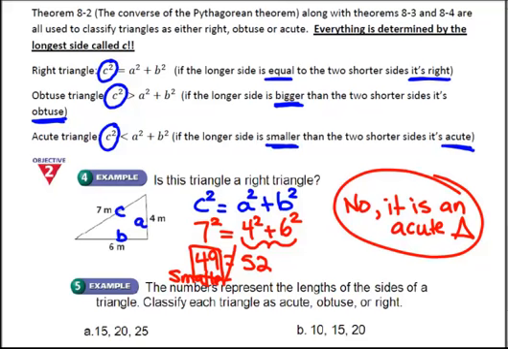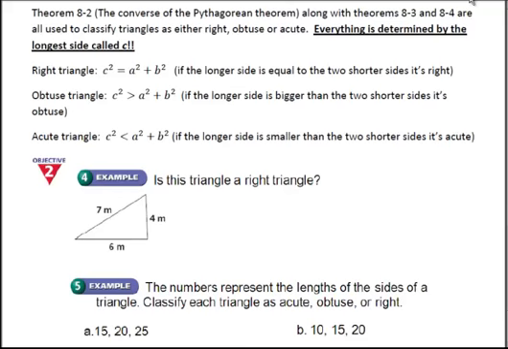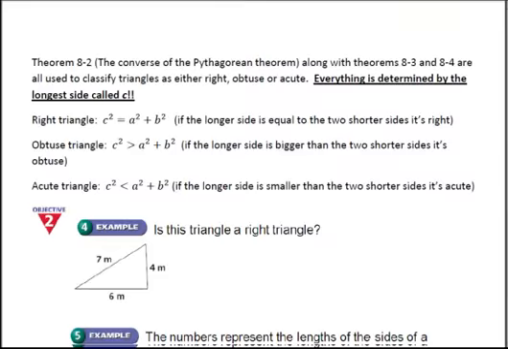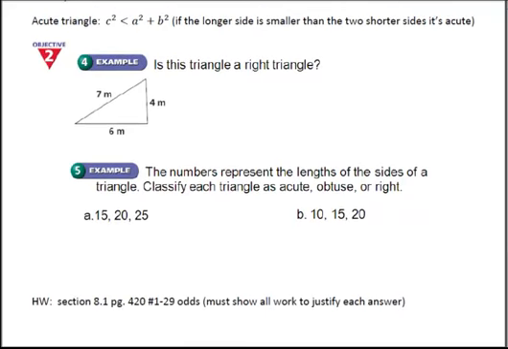Okay, we're going to do a couple more examples, and then you're going to do your own homework. Okay, 2 more examples. Again, this is the letter C because it's the biggest side. So we're going to make this A and make this B. So the question is, does C squared equal A squared plus B squared?